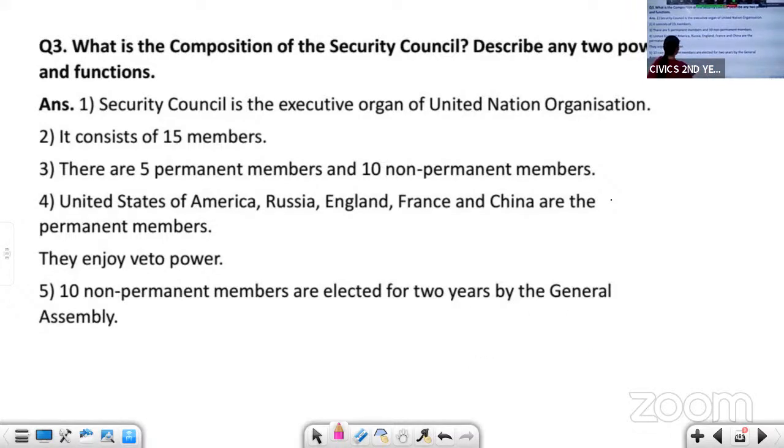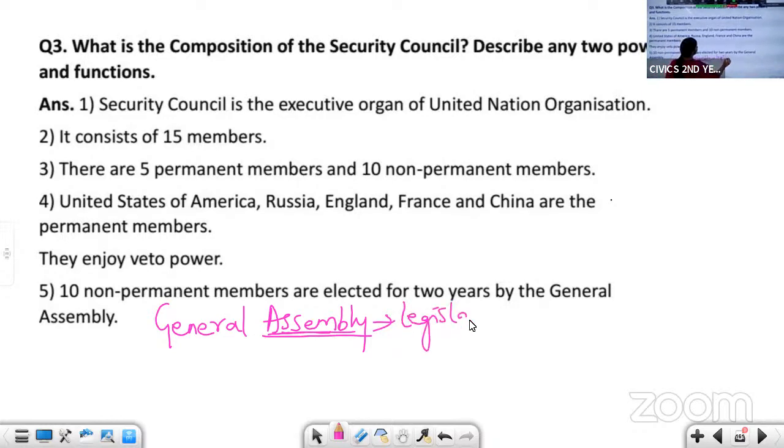The General Assembly, which we discussed yesterday, has 193 member states. The word assembly itself is something related to legislature. So this General Assembly will pass all the resolutions of the United Nations Organization.